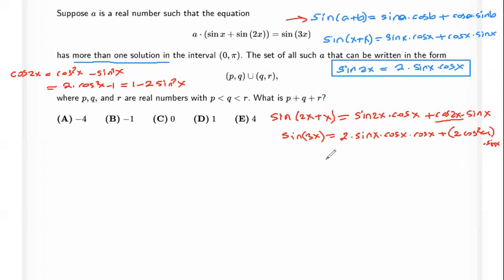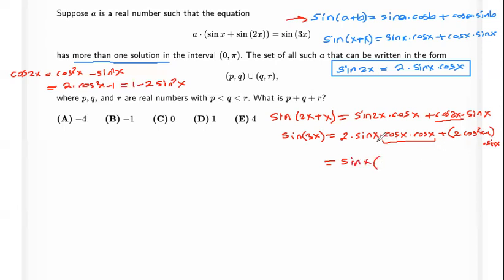Okay, so let's clean this a bit. I will pull the sine x out as a common factor.